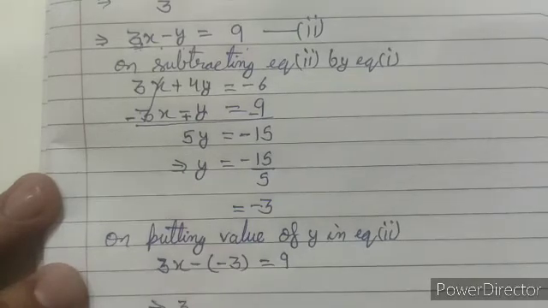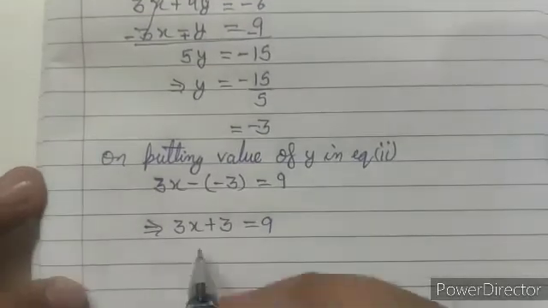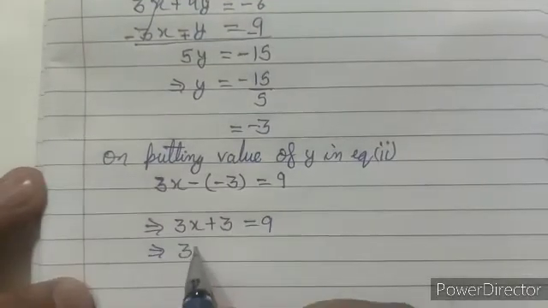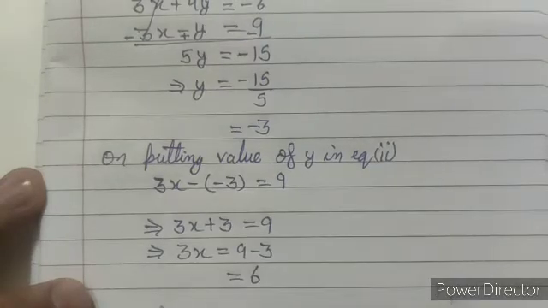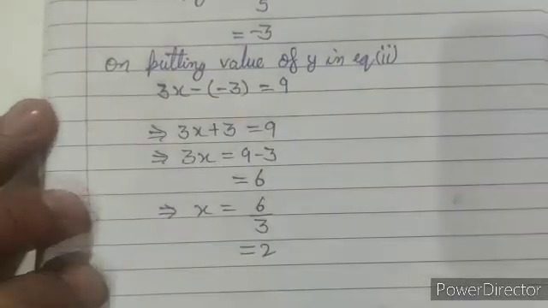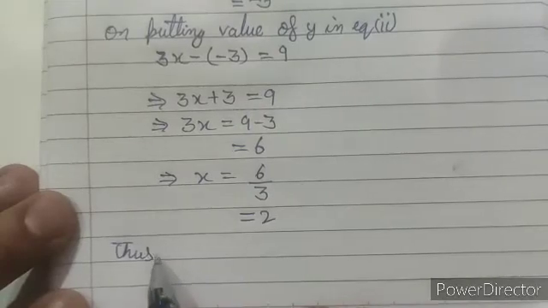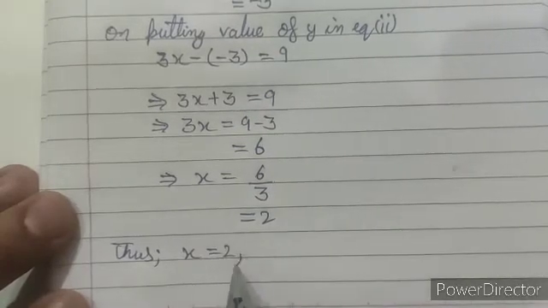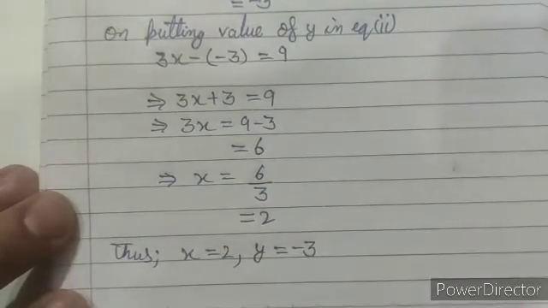And this will give us 3x plus 3 equal to 9. Or you can say 3x equal to 9 minus 3, that equal to 6. Or you can say x equal to 6 by 3, and that will give us 2. So thus we can say x is equal to 2 and y equal to minus 3.